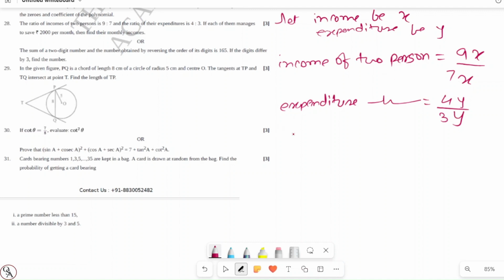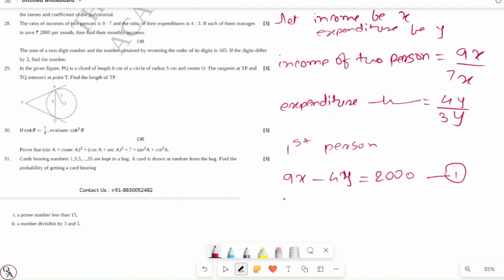How are we going to find it out? See, first of all, whatever income they have, if we subtract the expenditure from that, only then do we get the saving. So for the first person, the income is 9x and the expenditure is 4y. If I subtract the expenditure 4y from the income, then I get 2000 as the saving per month.